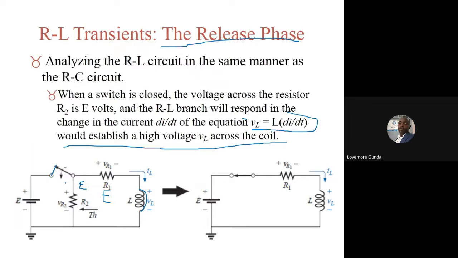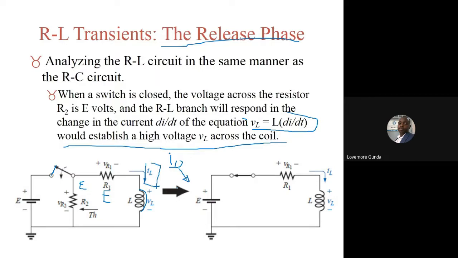So when you now open the circuit, what will happen? There's no source. So in other words, you are trying to cut this current from I0 to 0 in no time.